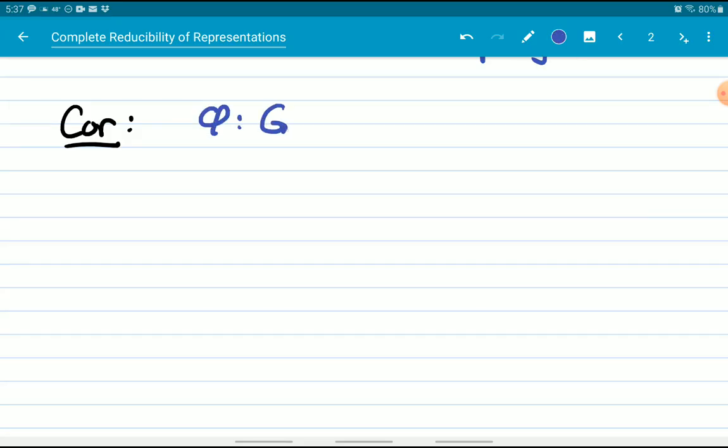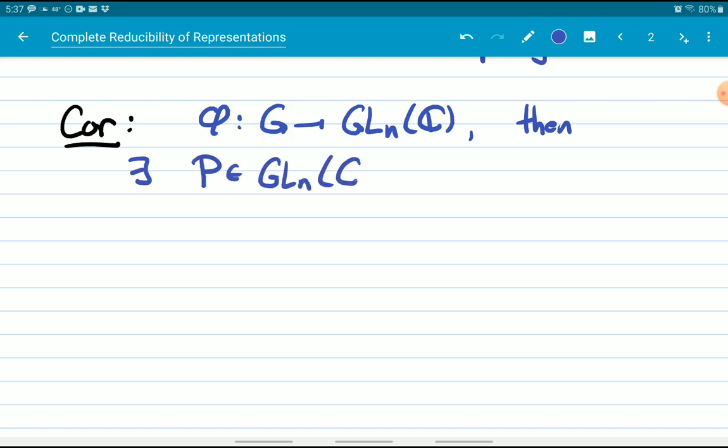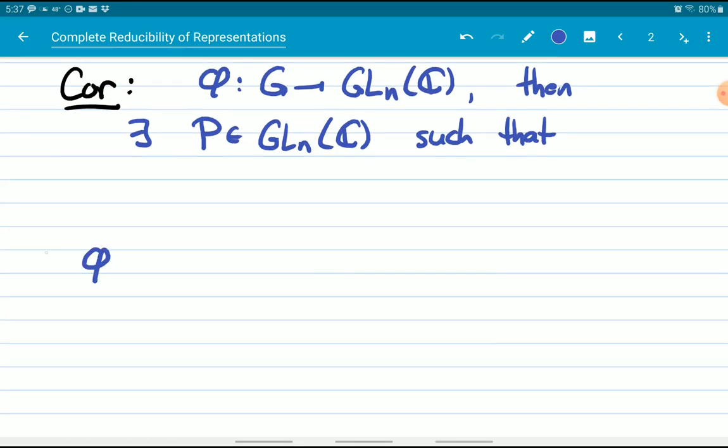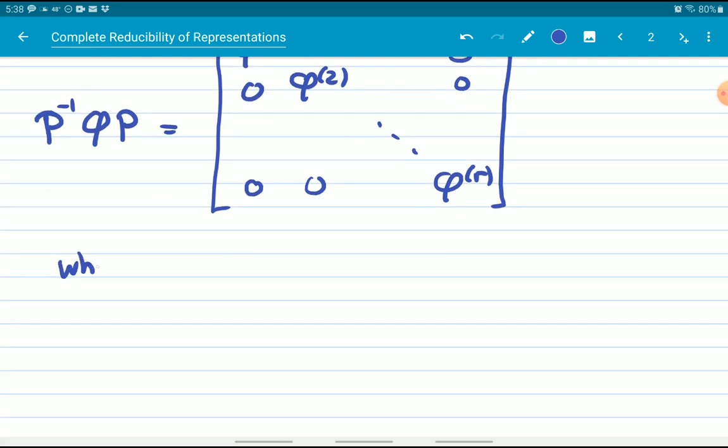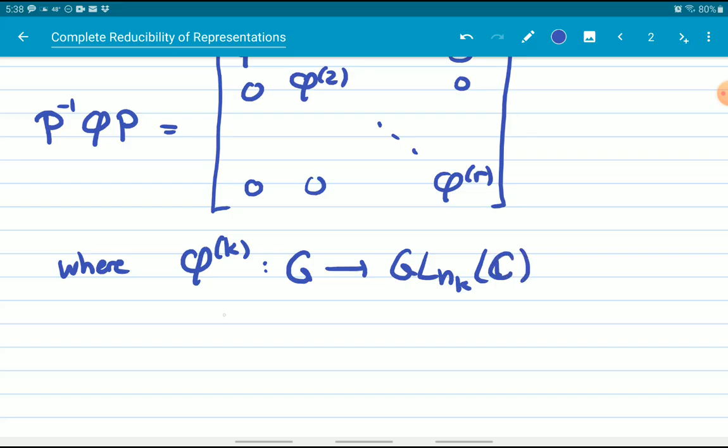If I have a matrix representation over the complex numbers, then there exists an invertible matrix, let's call it P, such that if I take the function phi and conjugate it by P inverse, then I can write it in block form, where there are blocks on the diagonal, which I'll call phi upper 1, phi upper 2, down to phi upper r, and the other blocks are 0, where each of these blocks, phi upper k, defines a matrix representation of some dimension, which is irreducible.